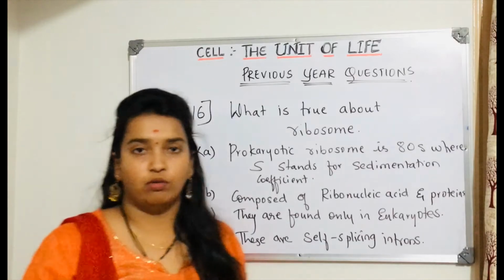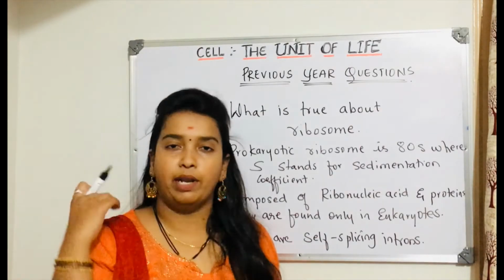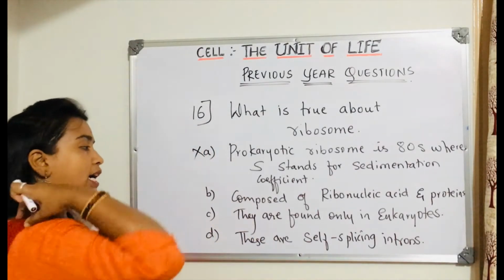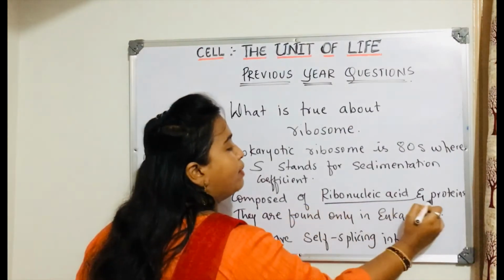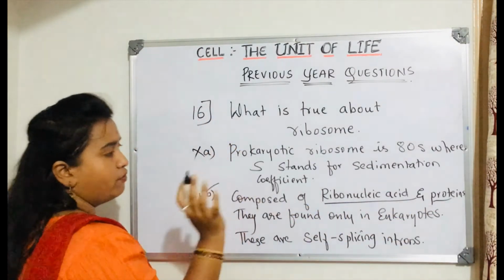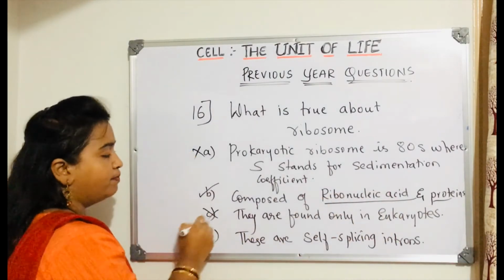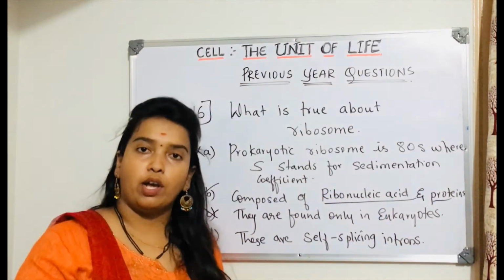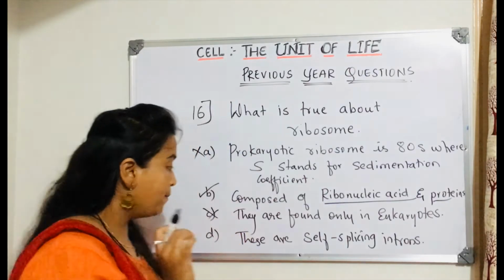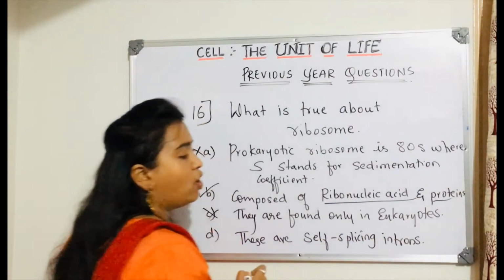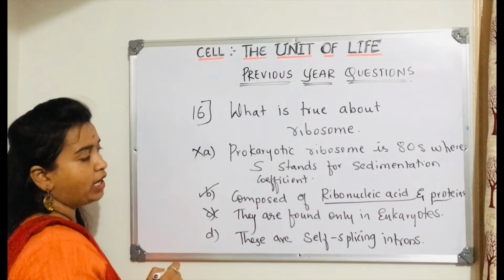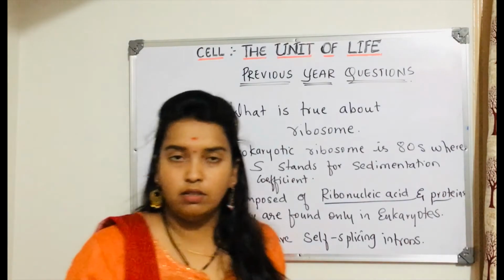They are asking what is true, so obviously all the other options will be wrong and only one will be right. It is composed of ribonucleic acid and protein. Obviously it is composed of RNA and protein. Let us check the others also. They are found only in eukaryotes: wrong, they are also found in prokaryotes. Prokaryote is 70S, eukaryote is 80S. They are self-splicing introns: they are not introns.